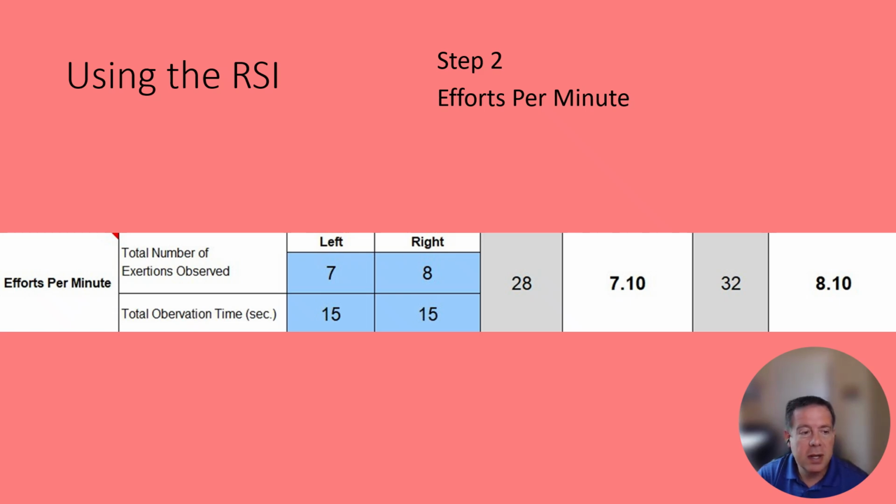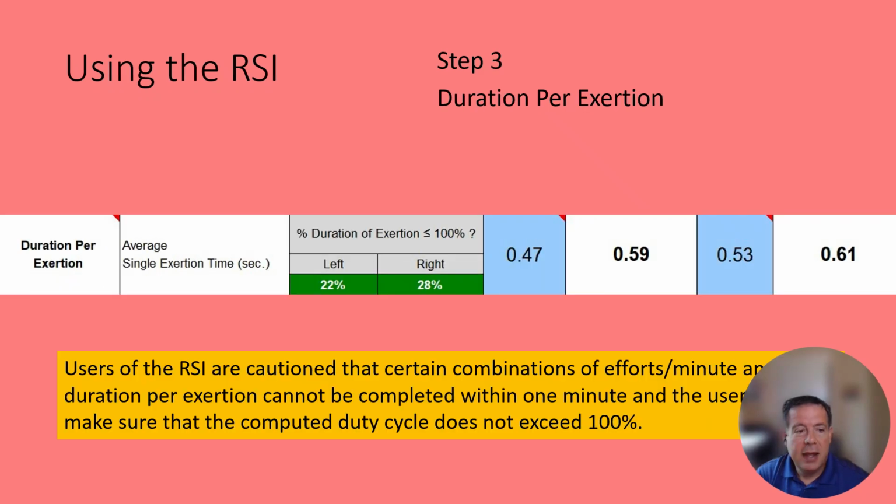Then for exertions per minute, you can see the 7 exertions over a total time of 15 seconds on the left side, and pretty similar on the right side, only 8 exertions over the 15. For the duration of exertion, the 7 over the 15 gives you 22%, and the 8 over the 15 gives you 28%.